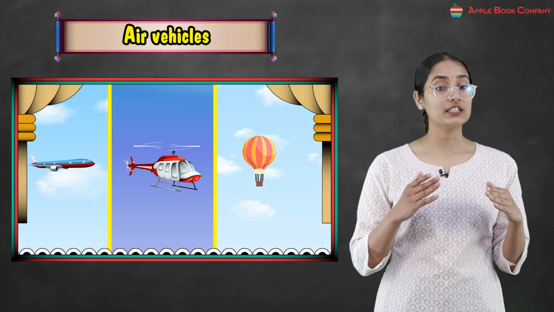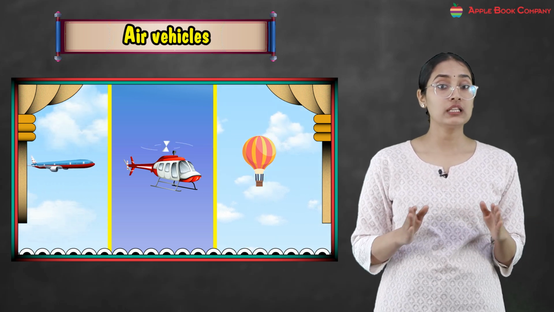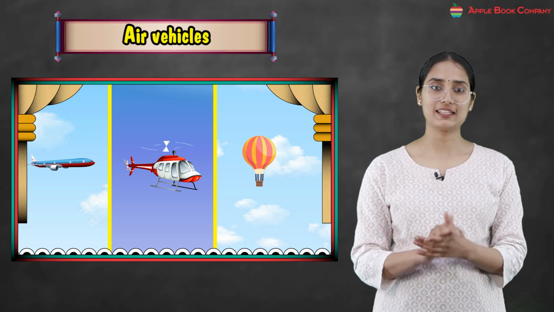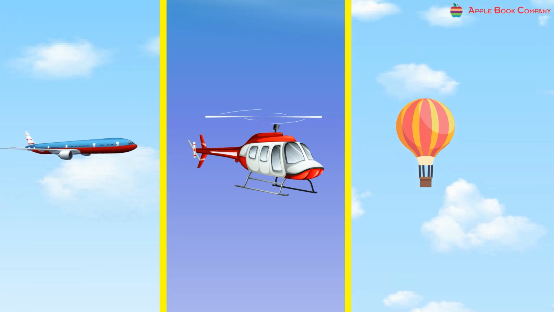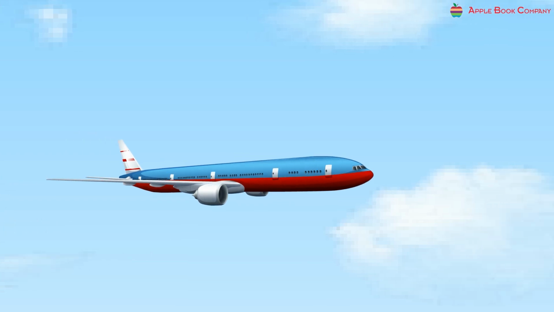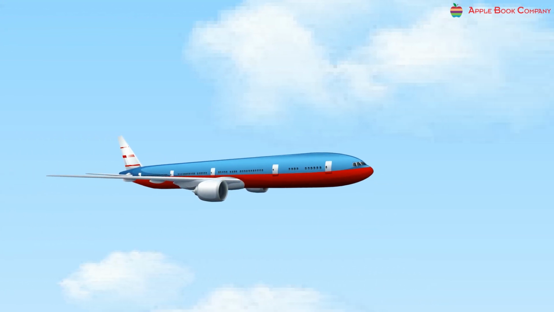Now there are other vehicles for air, right? So when we move in the air, we need light things. And what are those light things? These are vehicles that fly in the sky. There is aeroplane. So an aeroplane can fly very high and fast.